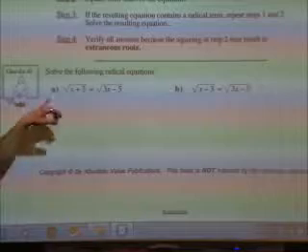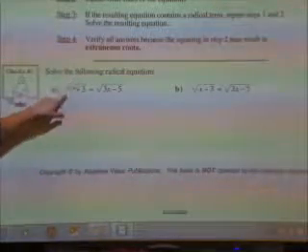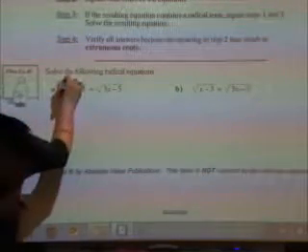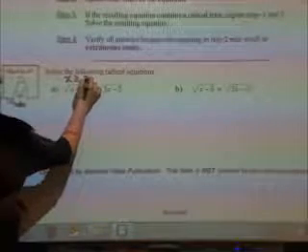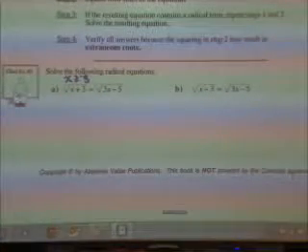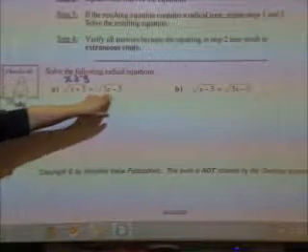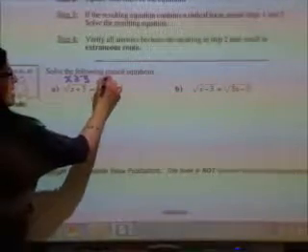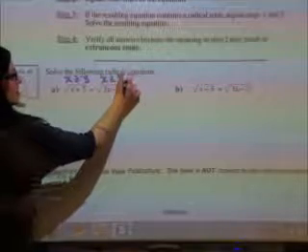So if we look at class example number 3. If I quickly look at this, x plus 3 tells me that my values have to be greater than or equal to negative 3. Anything smaller than negative 3 is going to make that side negative. On this side, if I let this equal 0, I put the 5 over and divide by 3, I have that x will have to be greater than 5/3.